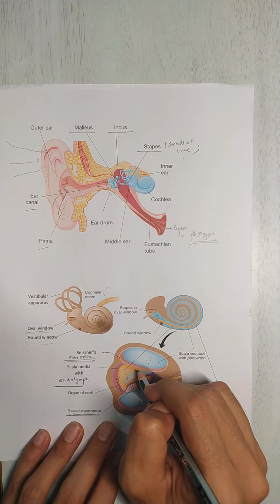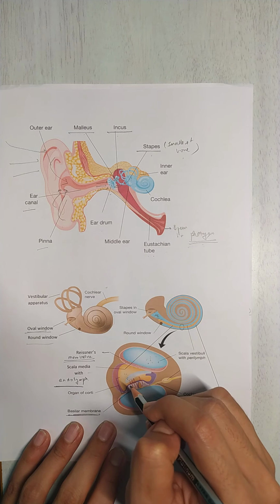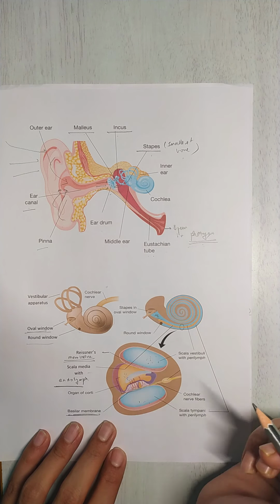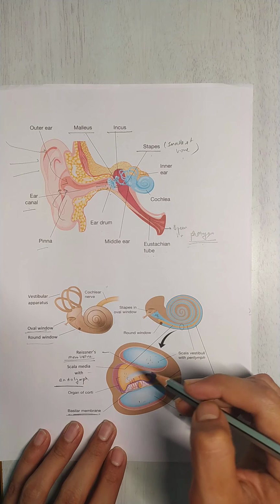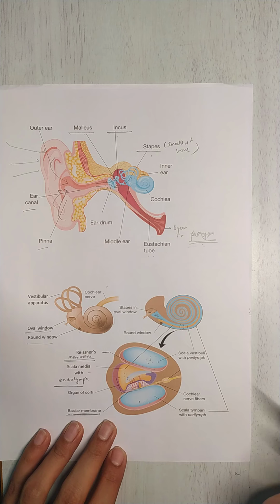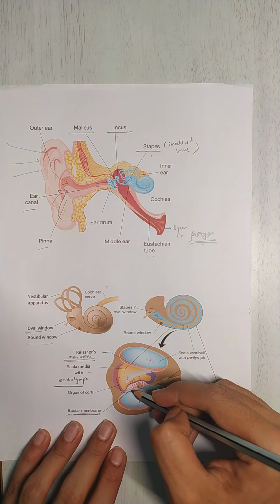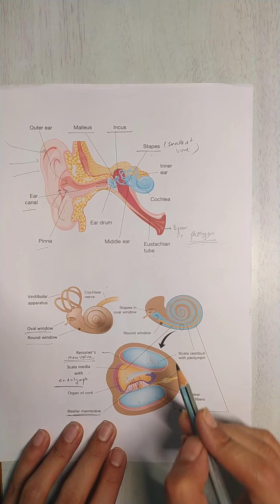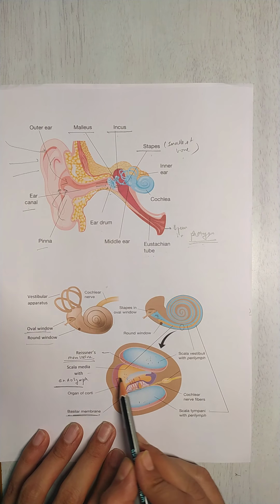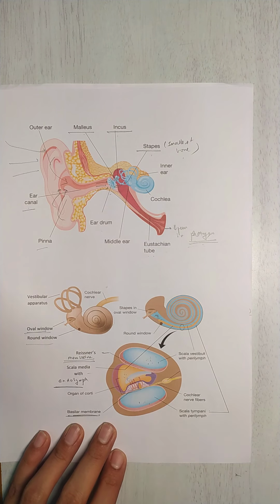The vibrations of the endolymph cause movement of the hair cells that are present in the organ of Corti. This particular structure that you see over here is known as the organ of Corti.